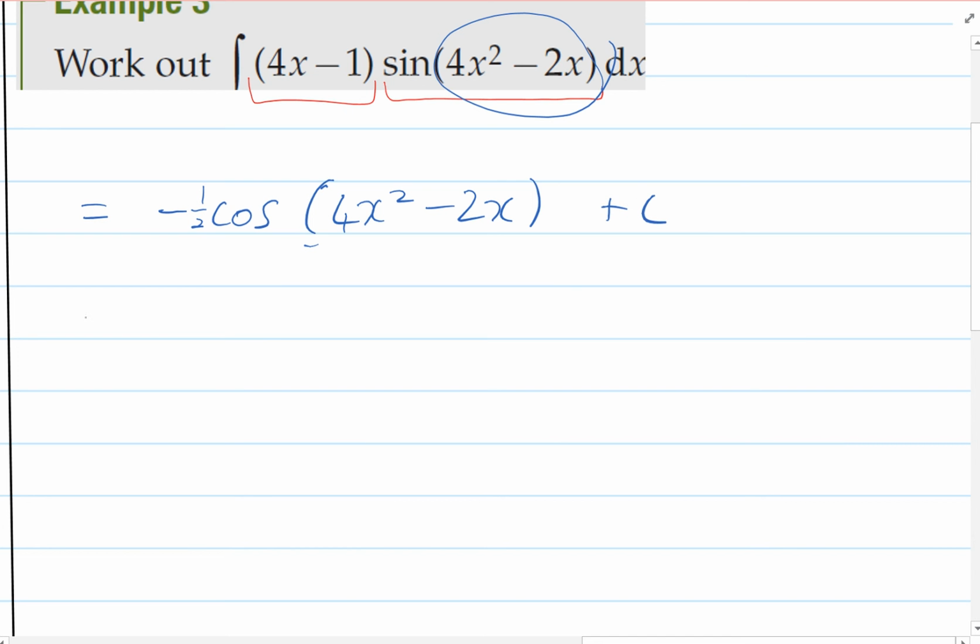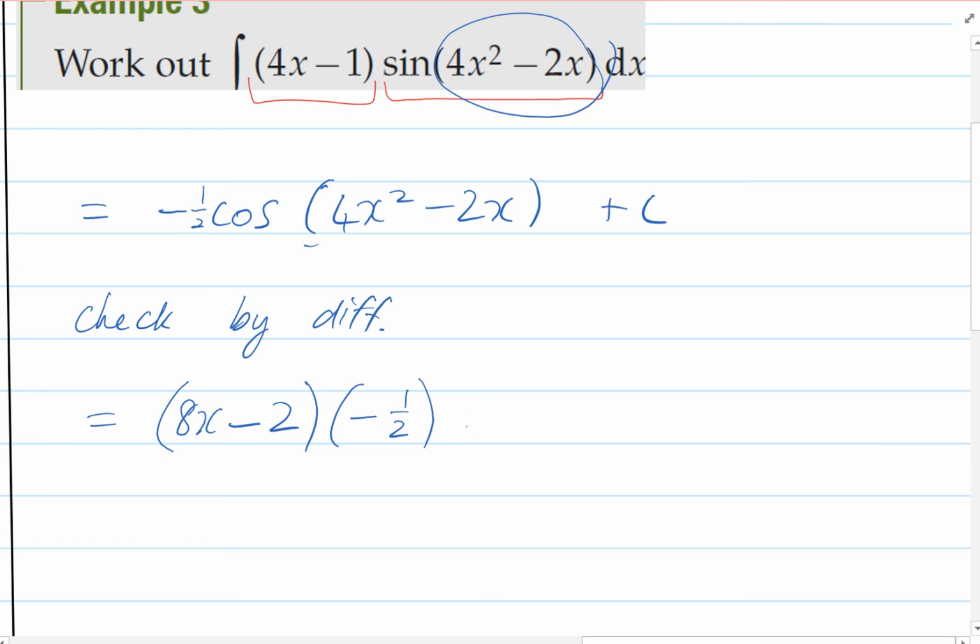We want to check by differentiating, so I'll just jot down here, check by diff, short for differentiating. And so that will differentiate to 8x minus 2 times negative a half times negative sine of the function for x squared minus 2x, and just tidying that up.